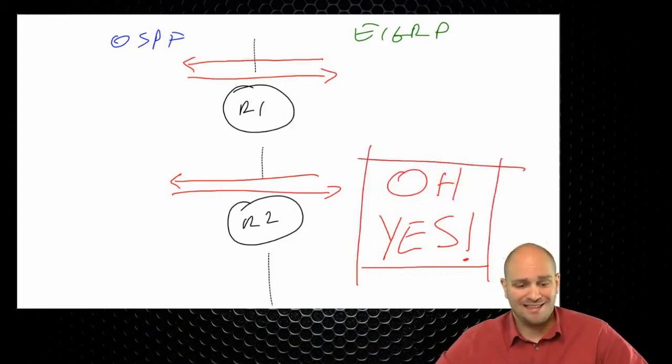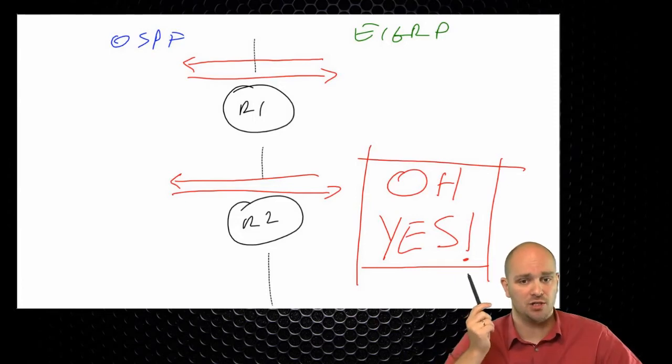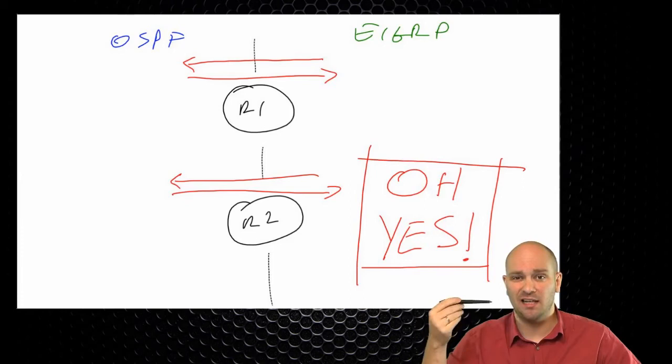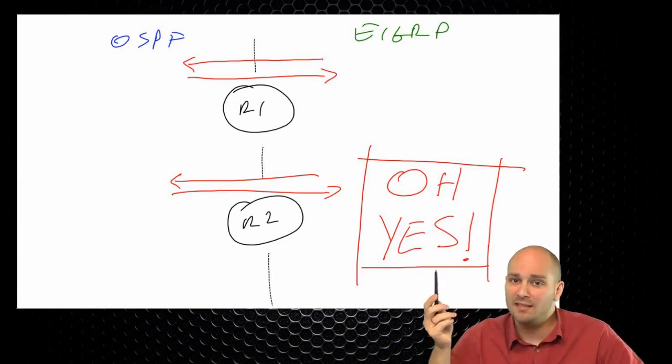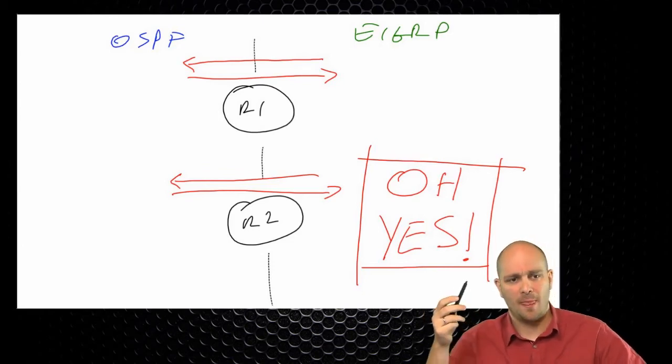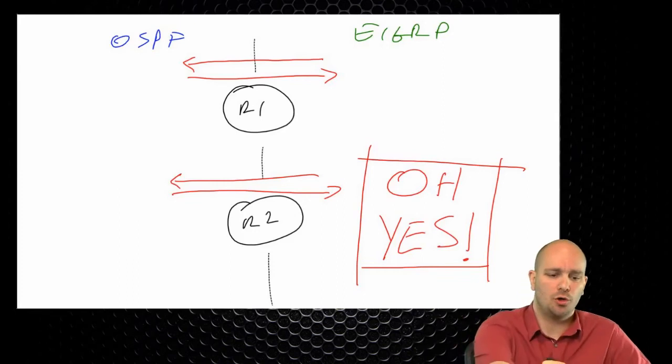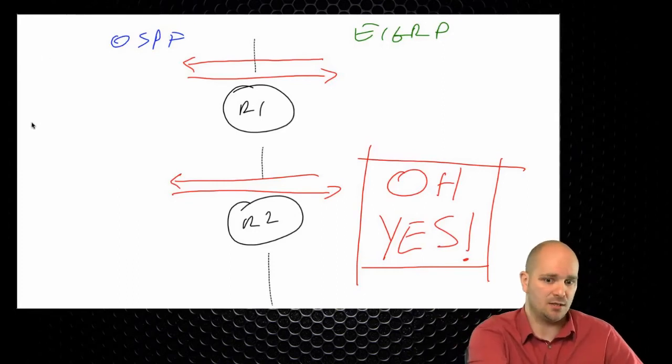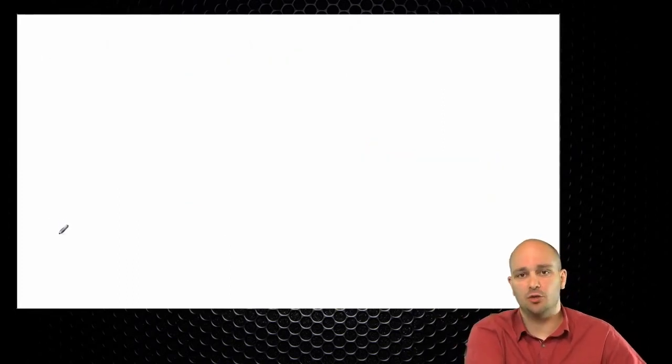Now, mind you, again, the question here is not will the loop form, because if you have only internal EIGRP routes and only internal OSPF routes, it's very unlikely for this loop to form. There will be no loop, but add the externals and yeah, you will have the loop in this scenario. So when the answer to your question is yes, or in this case, oh yes, there is something that you need to do to prevent the loops from happening.